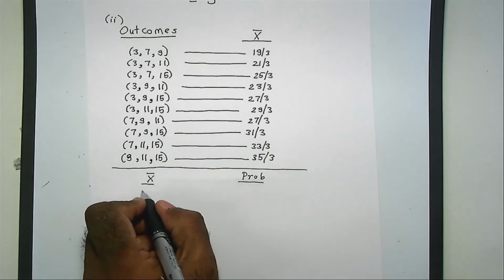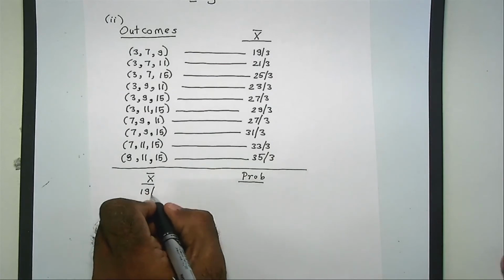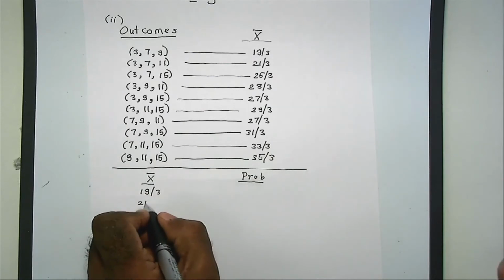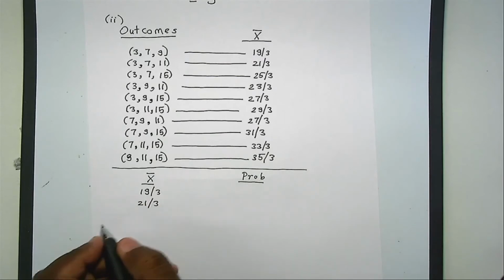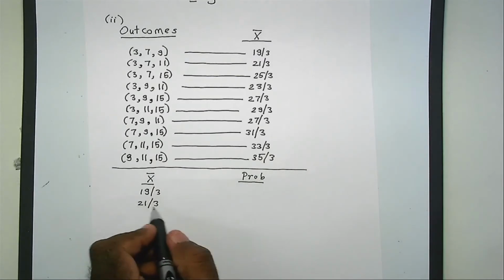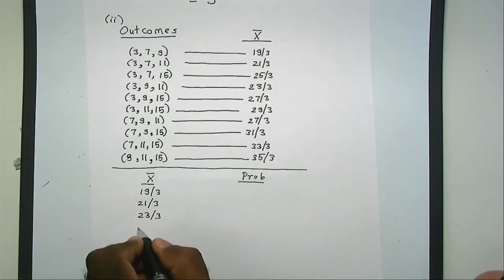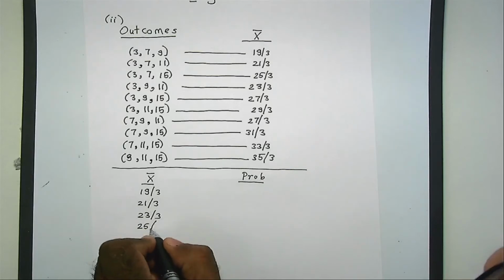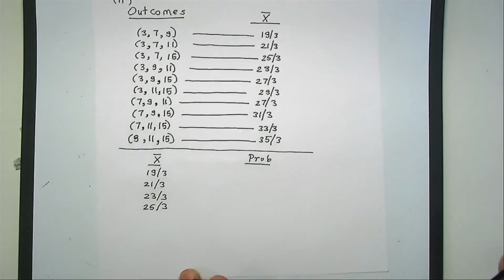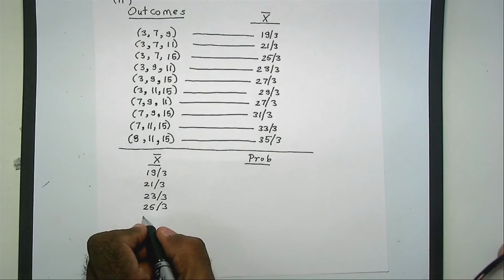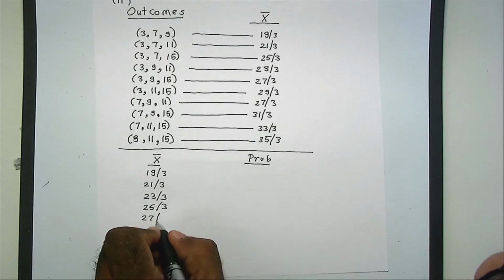All right. Now, if you look at it, okay, 19 over 3, 21 over 3, then you have 23 over 3, then you have 25 over 3, you have 27 divided by 3, right?